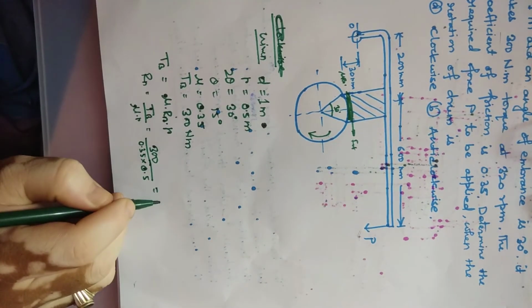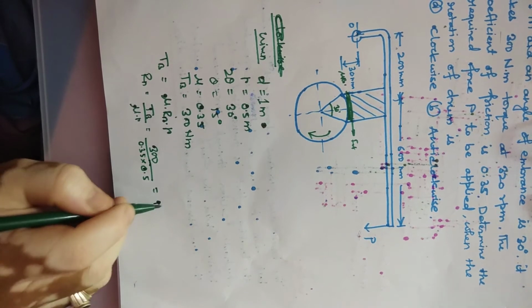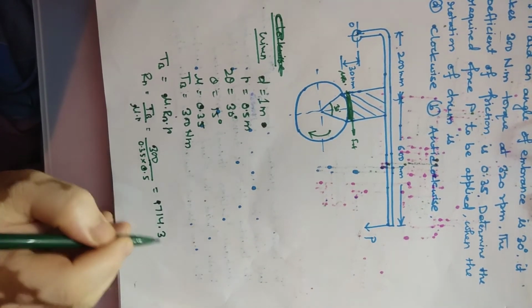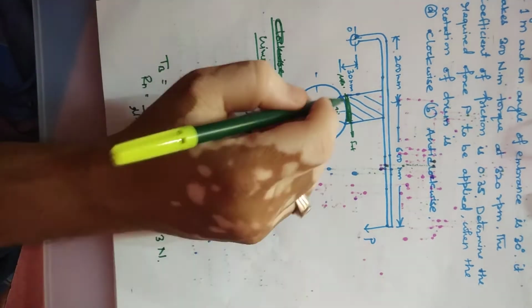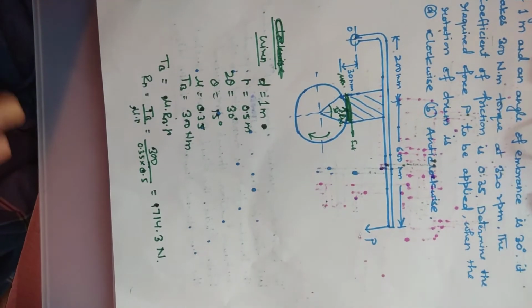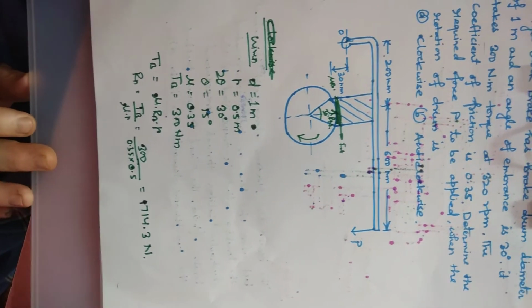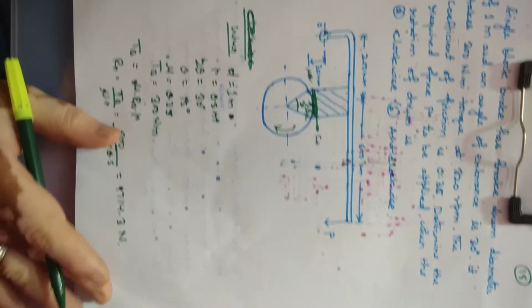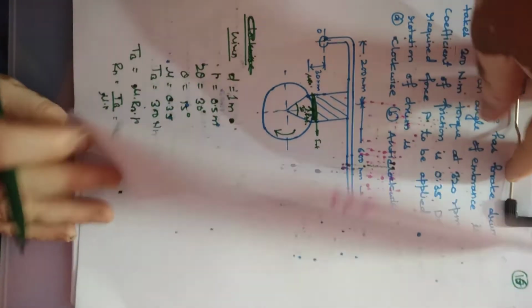So Rn will be 1714.3 Newton. Okay, this Rn will be 1714.3 Newton.